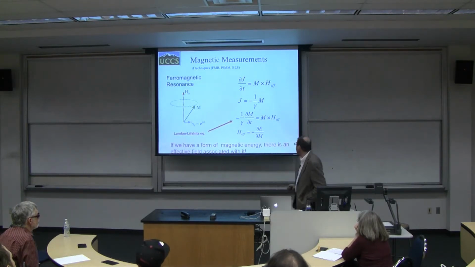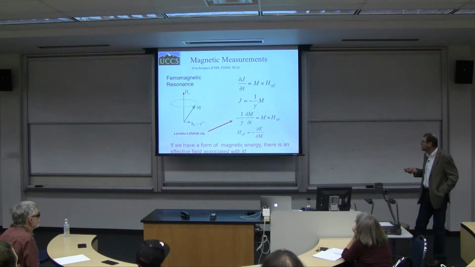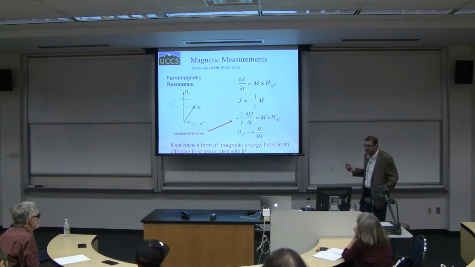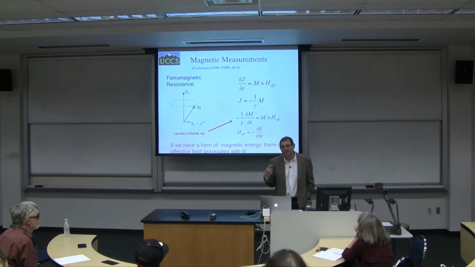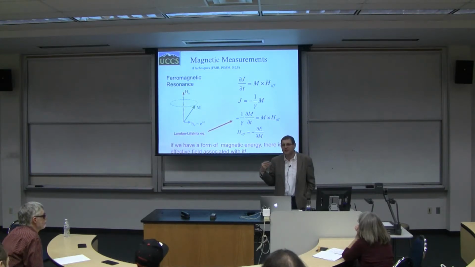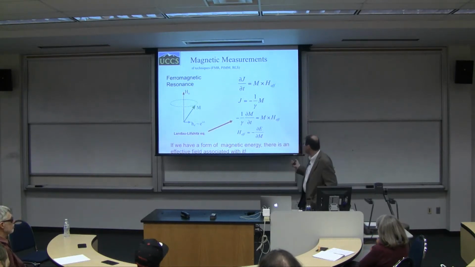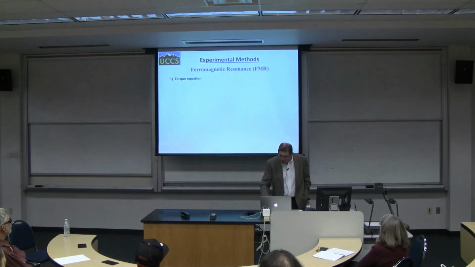This is the message I would like you to get out of this talk: if we have a form of magnetic energy, there is an effective field associated with it, and we can measure it. This is the reason why we have measured MS very precisely, because if MS changes as a function of temperature, my anisotropy field will also change, even if the anisotropy constant is constant as a function of temperature.